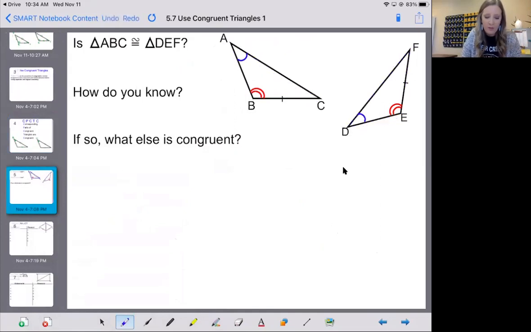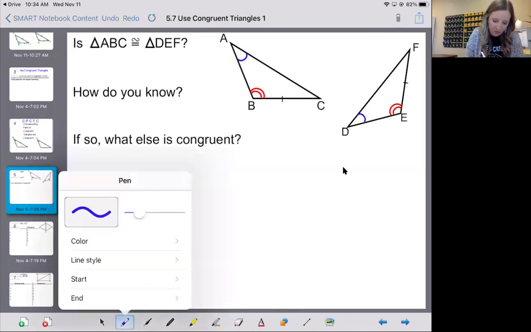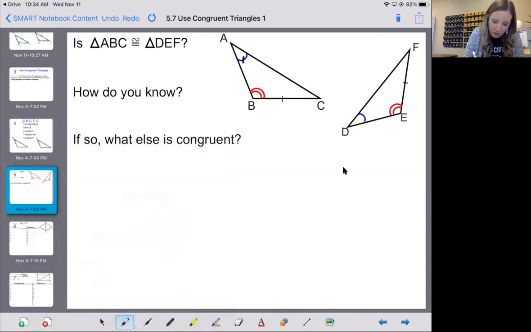I'm kind of looking at the little marks here and making sure that when we go over them, it's in the right order, and they were. All right, so I'm going to say next, I would probably go through and mark these with A for angle and S for side. And I'm seeing angle, angle, side. So I'm going to say, yes, they're congruent by angle, angle, side.